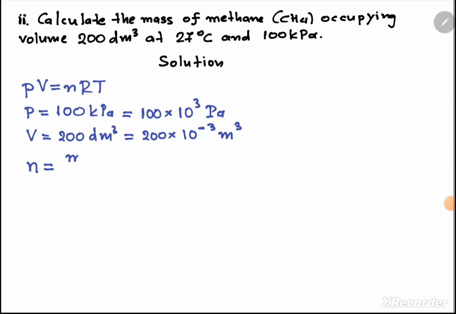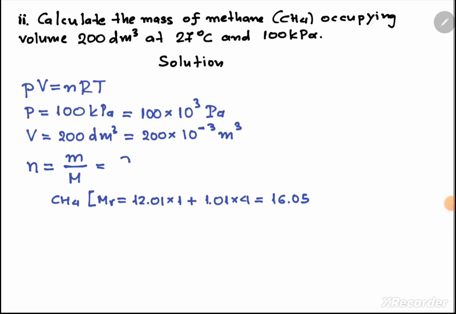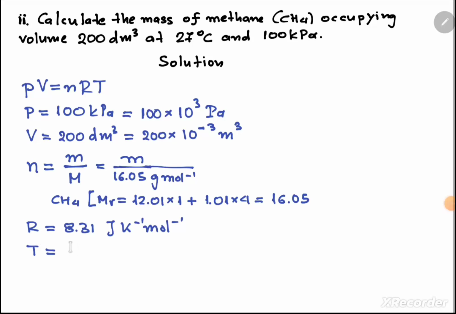Then the number of moles is equal to mass divided by molar mass. So we need the molar mass. For methane, Mr is equal to 16. So we have mass and molar mass. The gas constant is given. And the temperature we find in Kelvin.